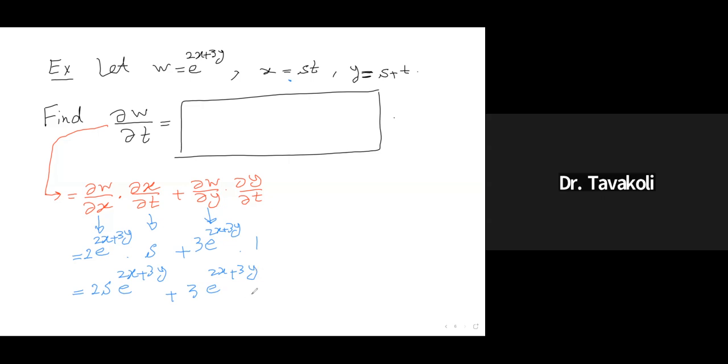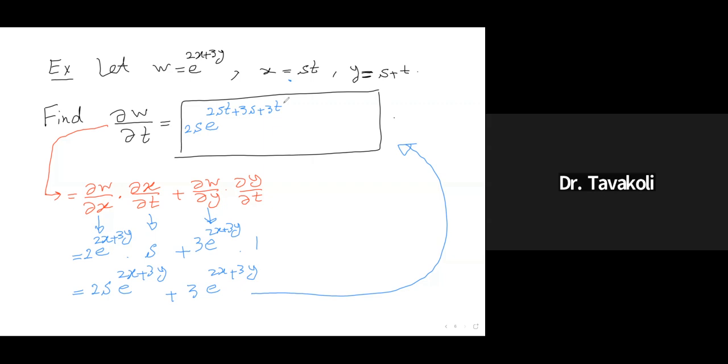So what I should write inside this box, I need to replace x by st and y by s plus t. The final answer in terms of s and t is going to be 2s e to the power of 2x, which is 2st, plus 3y. y is s plus t, so 3s plus 3t.